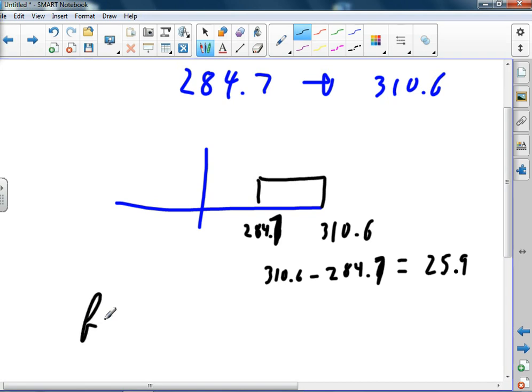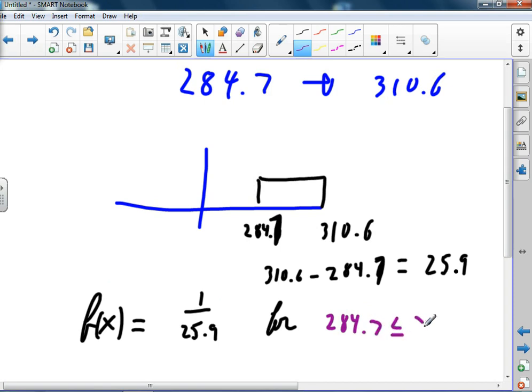So my probability function is 1 over 25.9 for 284.7 less than or equal to x, less than or equal to 310.6, and it's going to be 0 for everything else.